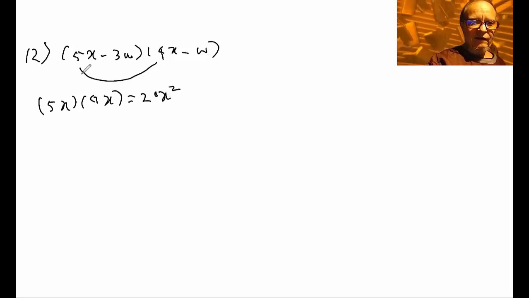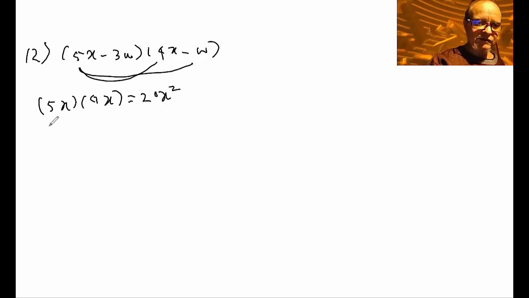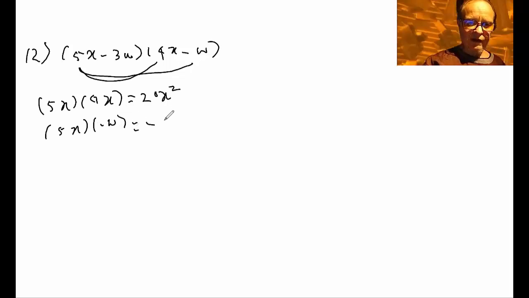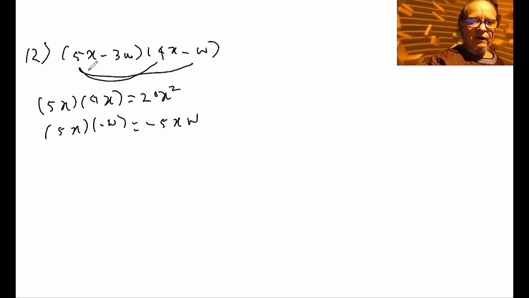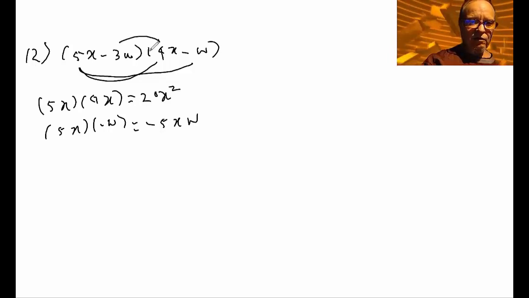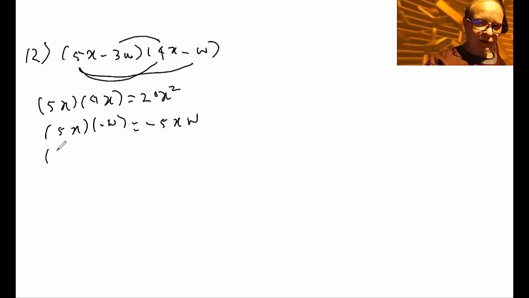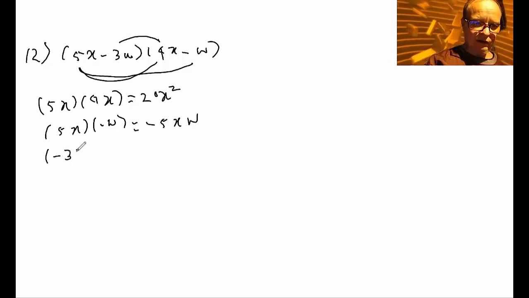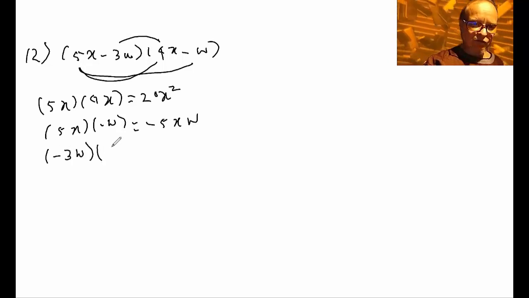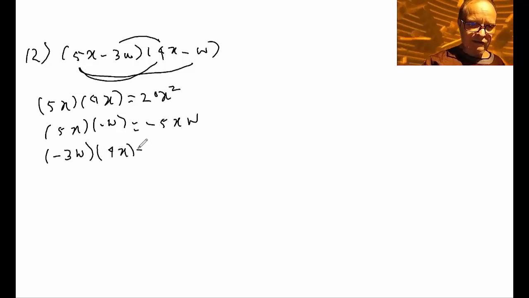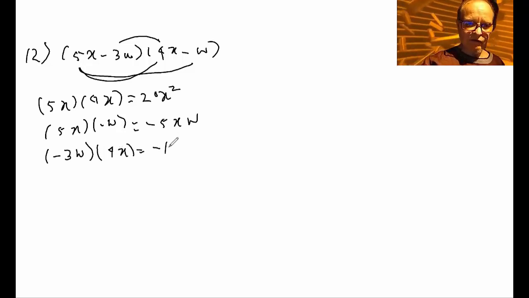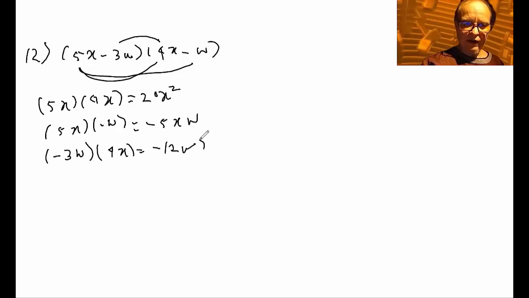And then we have 5x times negative w is equal to negative 5xw. And then we have negative 3w times 4x is equal to negative 12wx.